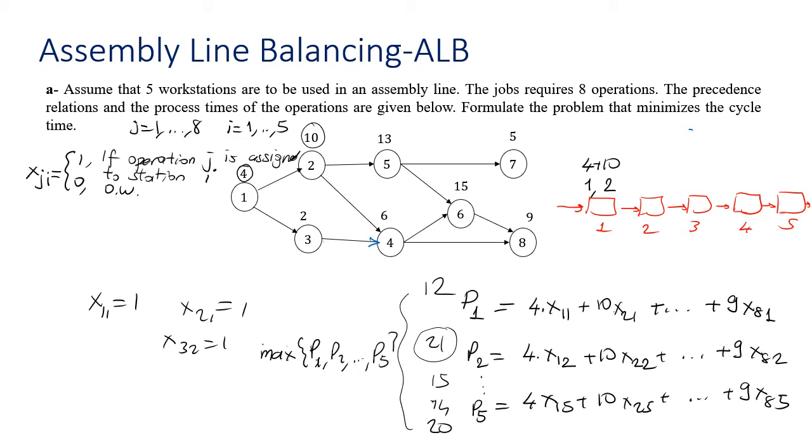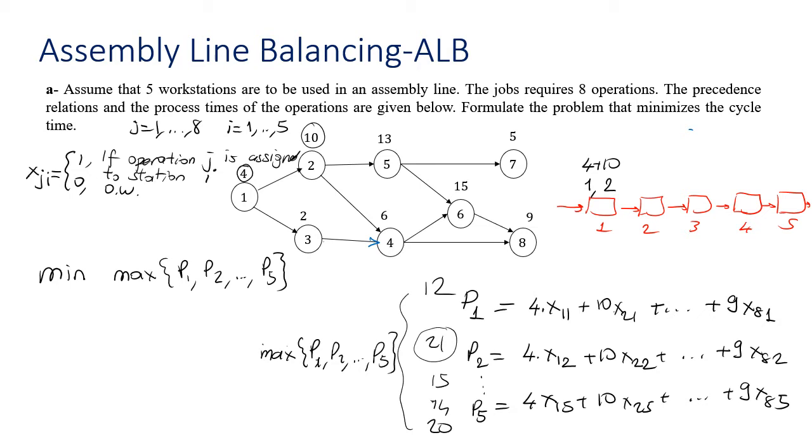If I find the maximum of them, then it is the slowest station. So what I am trying to do is minimize this maximum of P1, P2, up to P5.